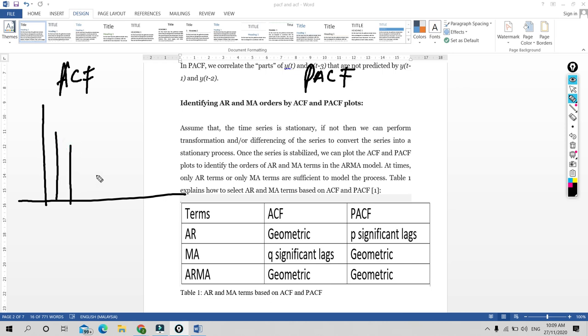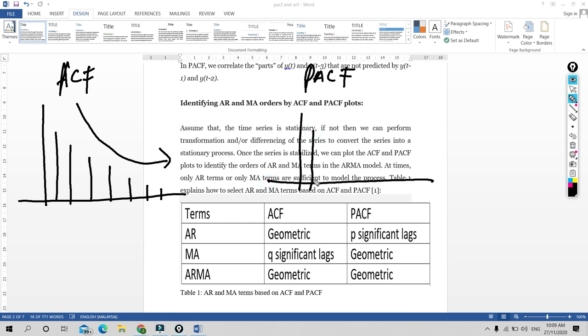So in conclusion, I just write here for the AR model. For the AR model, you tengok dia punya decay, how it decays. Kita concentrate about AR1.